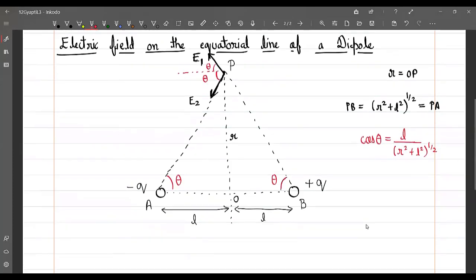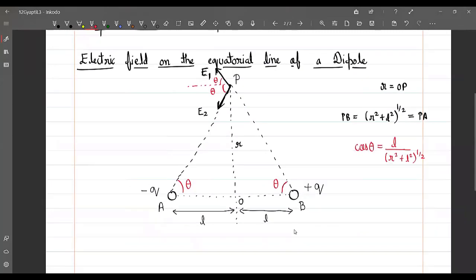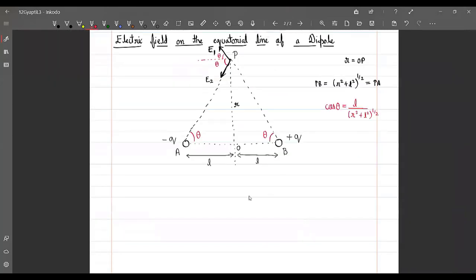Okay, let us now write the value of E1 and E2. So E1 will be written as 1 by 4 pi epsilon naught into charge Q, and the distance is PB. So PB square is R square plus L square. That will be the direction of electric field.